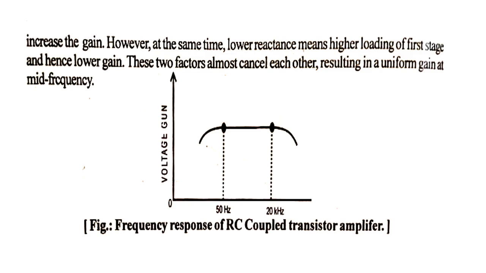Thus, as the frequency increases in the range, the reactance of CC decreases, which tends to increase the gain. These two factors almost cancel each other, resulting in a uniform gain at mid frequency.